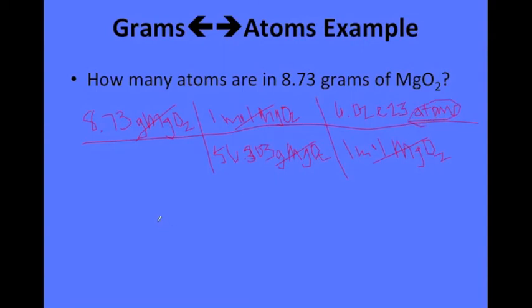So calculate that, and you get 9.33 e to the 22nd atoms of MgO2.